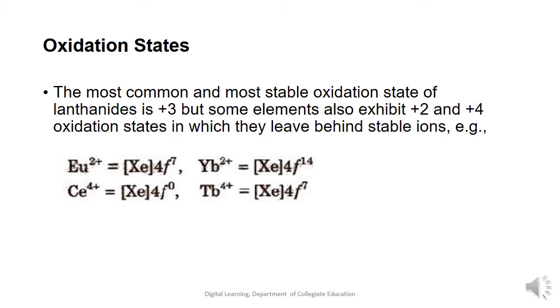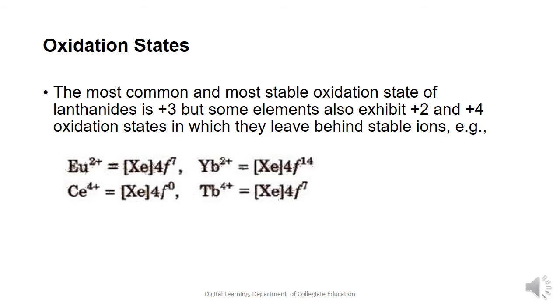Here we can see that the europium 2+ ion has a configuration of xenon 4f7, while ytterbium 2+ has the configuration of xenon 4f14.